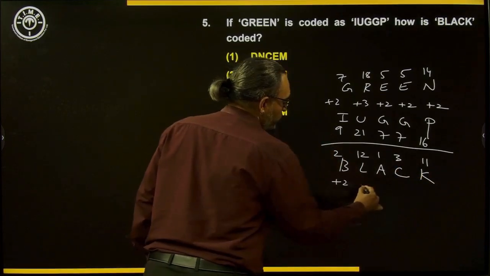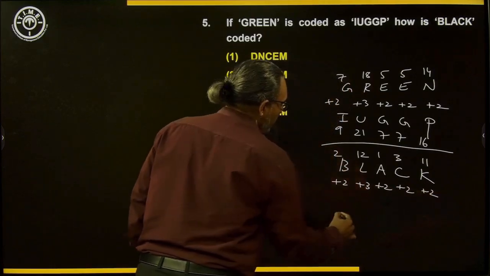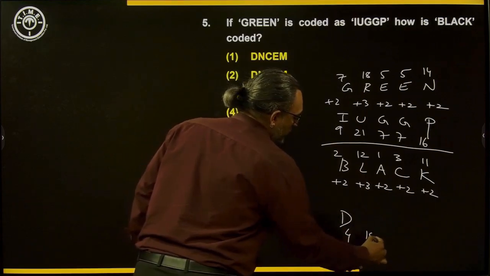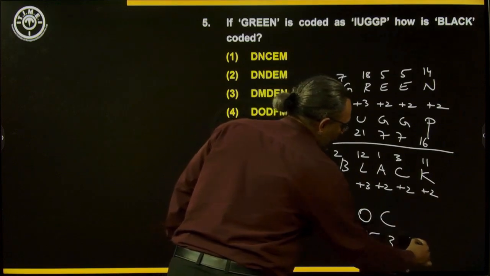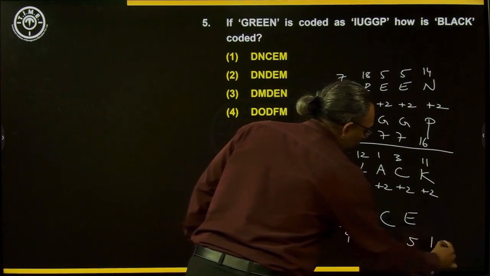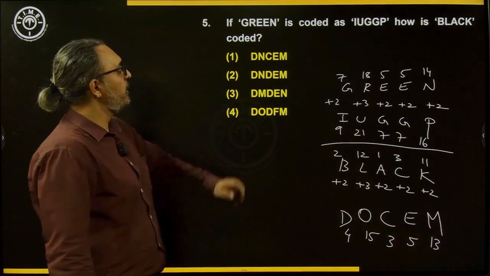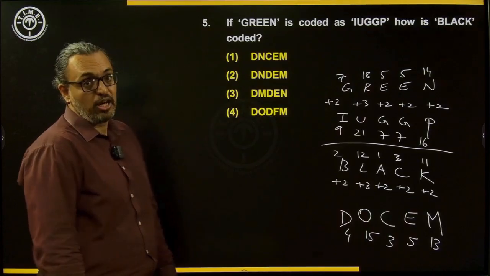So if I do +2, +3, +2, +2, +2, this is D, this is O, this is C, this is E, and this is M. So DOCEM is not available.